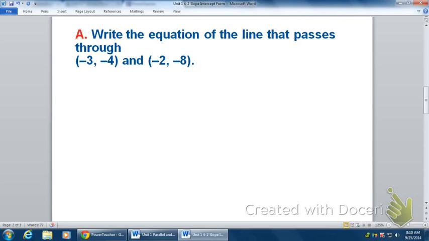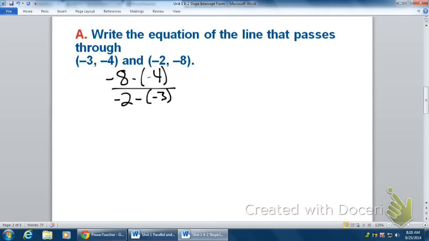Okay, so I'm going to do y2 minus y1. So I'm going to do -8 minus -4. And I'm going to do -2 minus a -3. Find the slope first. That's the first thing you got to do.